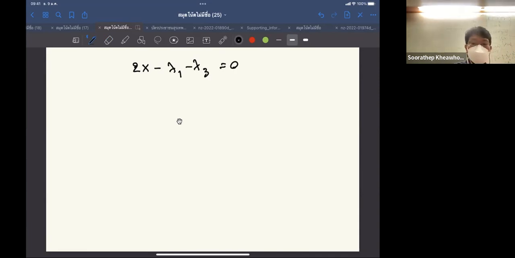Okay. And the next one is 2y minus lambda 1 plus this y lambda 2, and minus 2y lambda 3. Is it correct?